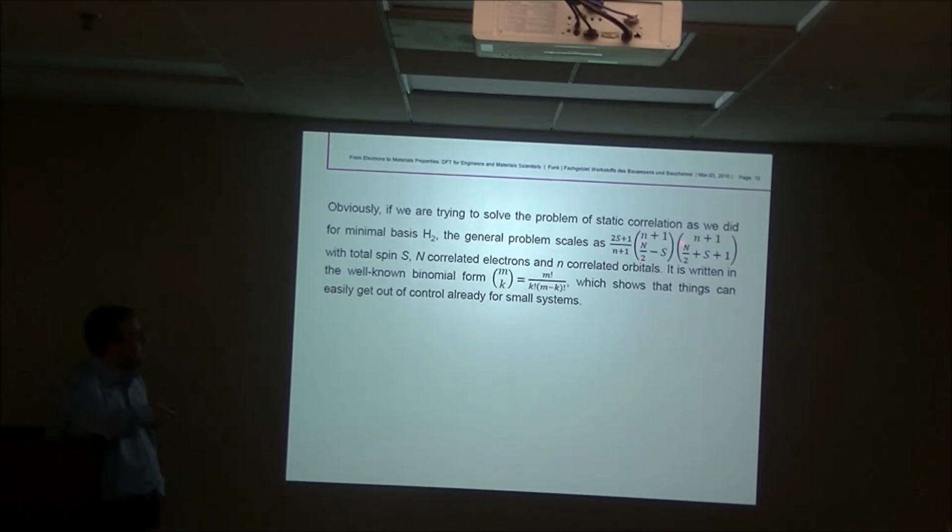Then we obtain this, and these are binomial coefficients. So let's go up in size, right? Let's say twice as many electrons as correlated orbitals, and we have a pretty mess.